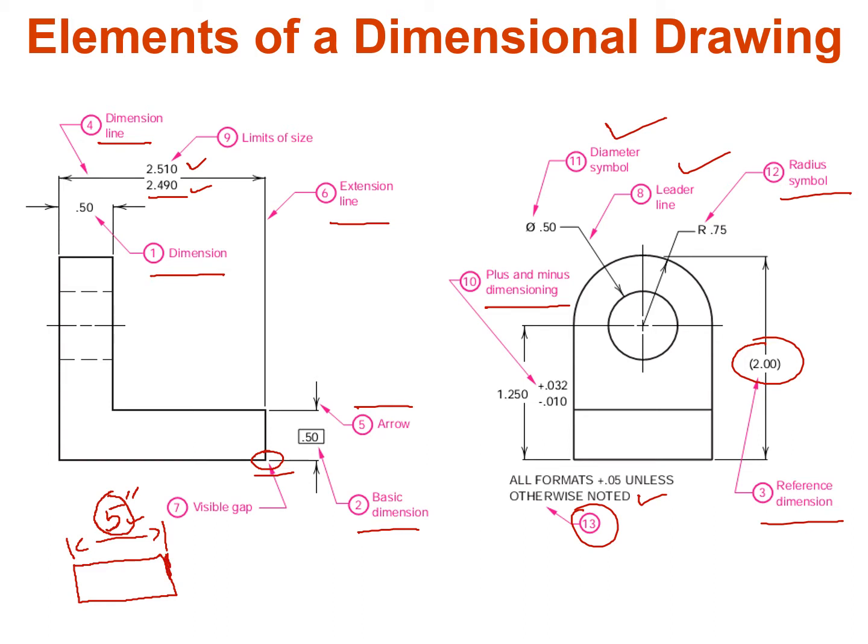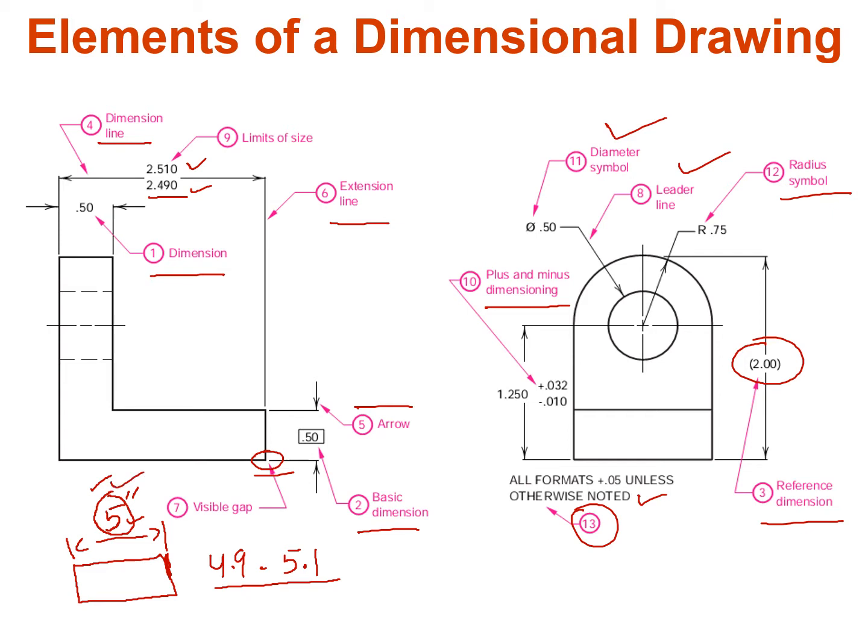For example, I cannot manufacture an object exactly to the 5-inch width. So what I will do, I will place some limits, that the allowable limit is between 5.1 and 4.9. So right here, these are the limits of sizes for the 5-inch width.